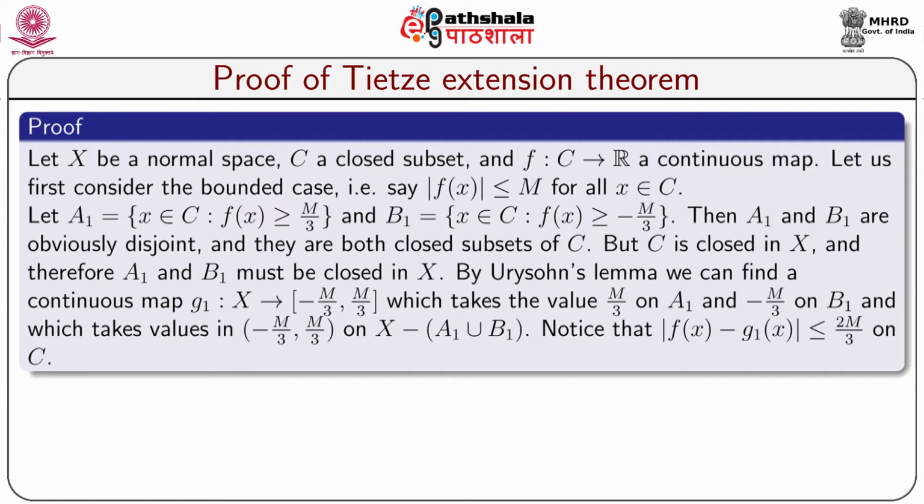Now, we can easily observe that the difference |f(x) minus G1(x)| is less than or equal to 2m/3 on C.